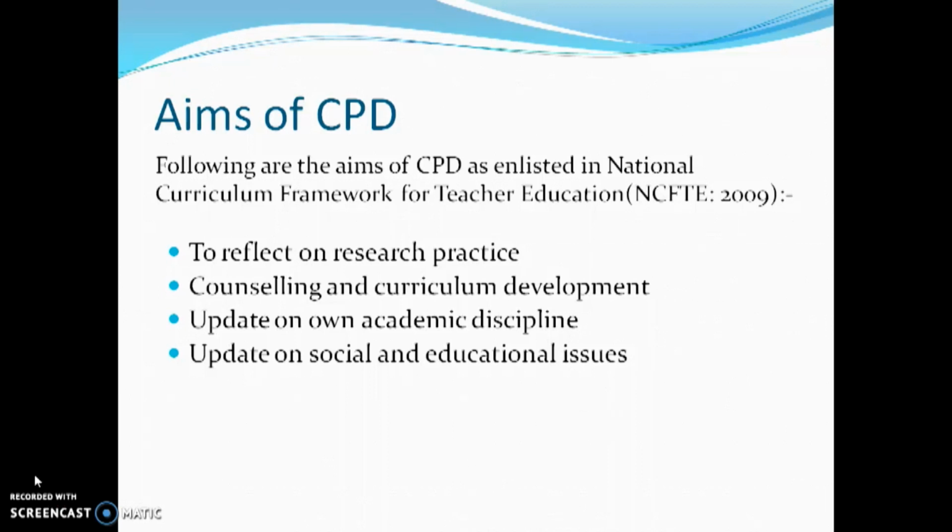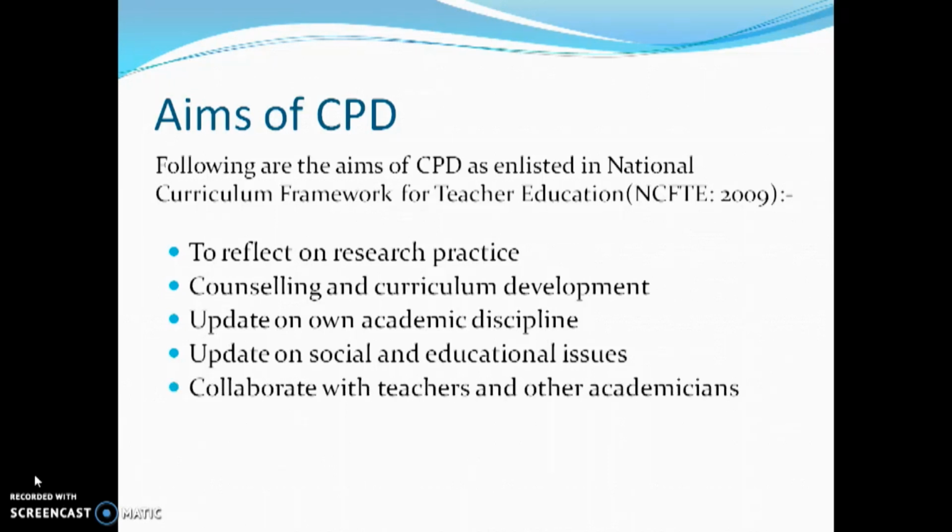She should work for society, actively involving in it. Next, collaborate with teachers and other academicians. A teacher should form teacher networks, involve in teacher associations, take part in research also. Good collaboration with teachers or with academicians is always productive.